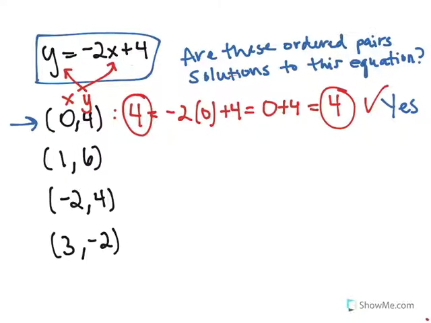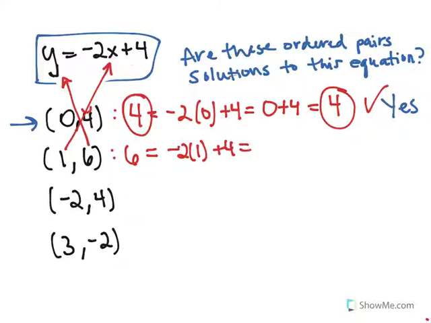Let's go ahead and try this next coordinate pair. So this time we're plugging in x and y, 1 for x and 6 for y. So I'm going to go ahead and put in 6 equals negative 2 times 1 plus 4 and solve.